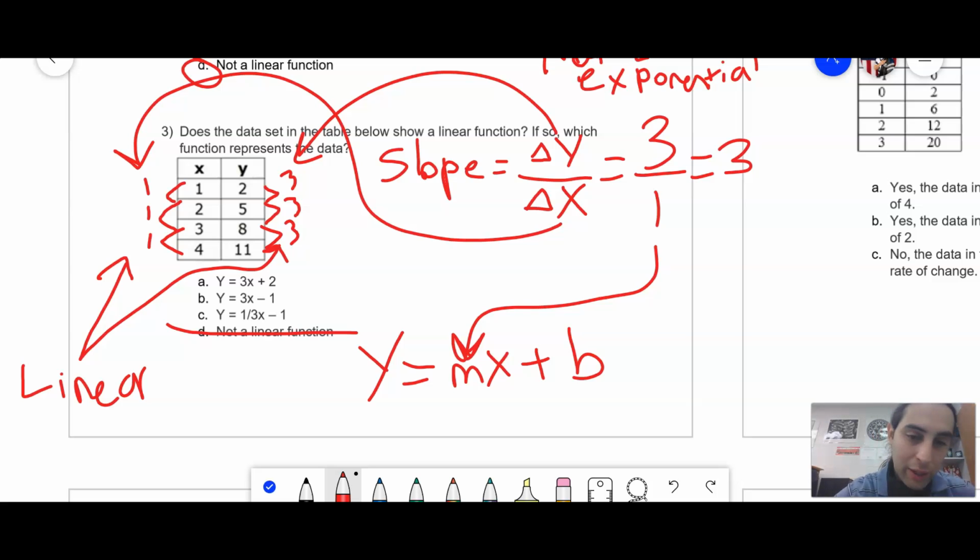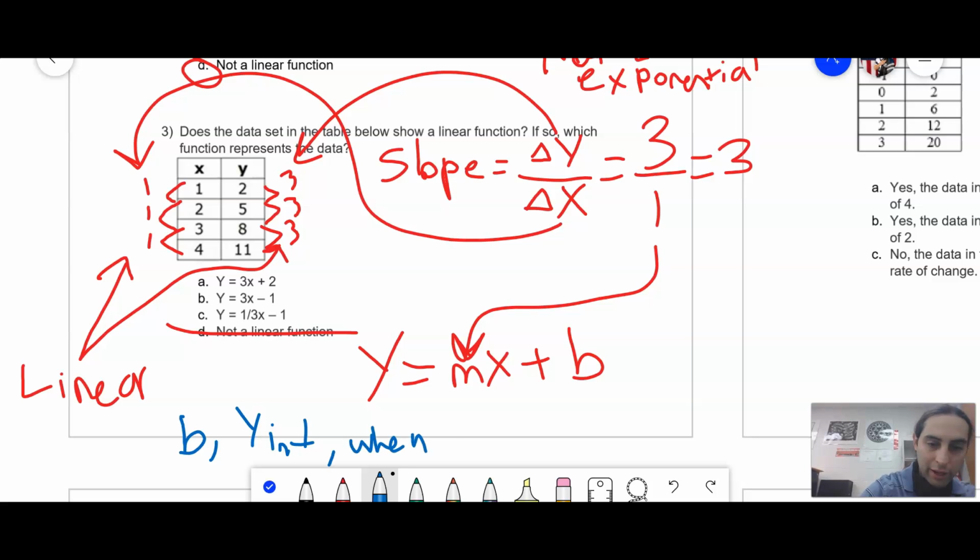That's 3 over 1. Okay, now plus b. Now my y-intercept is when x is 0. So my b is the y-intercept when x equals 0.